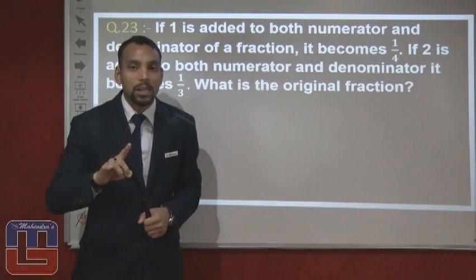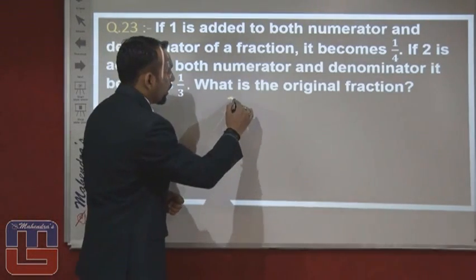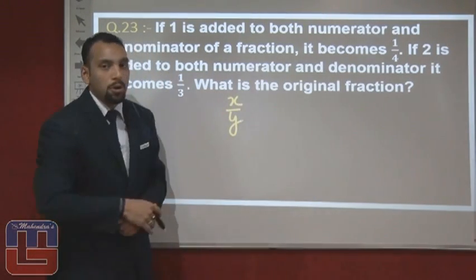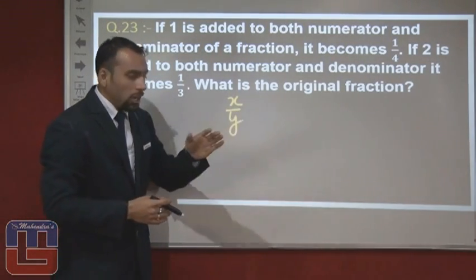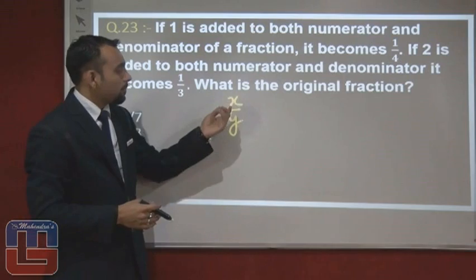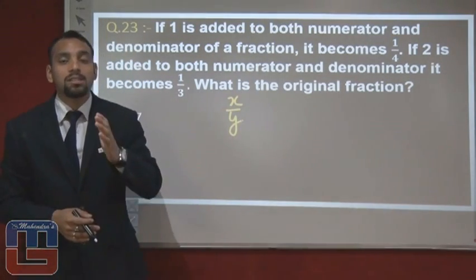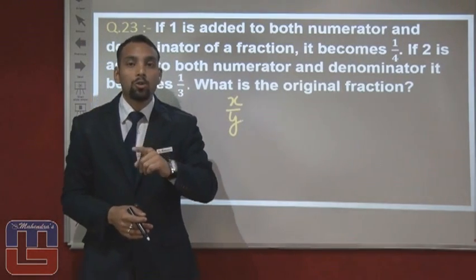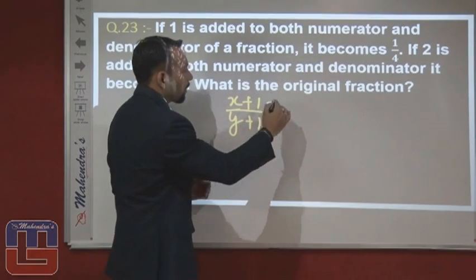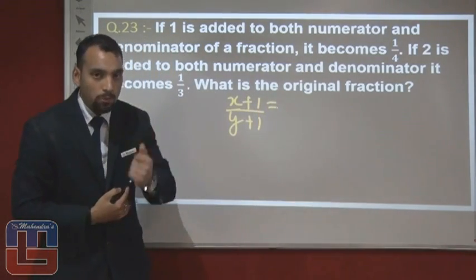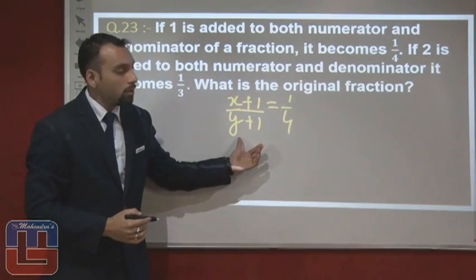Assume that a fraction is in the form of x upon y, where x is the numerator and y is the denominator. The question says if 1 is added to both numerator and denominator, that means plus 1, it is equal to 1 by 4. This is the first condition, right?